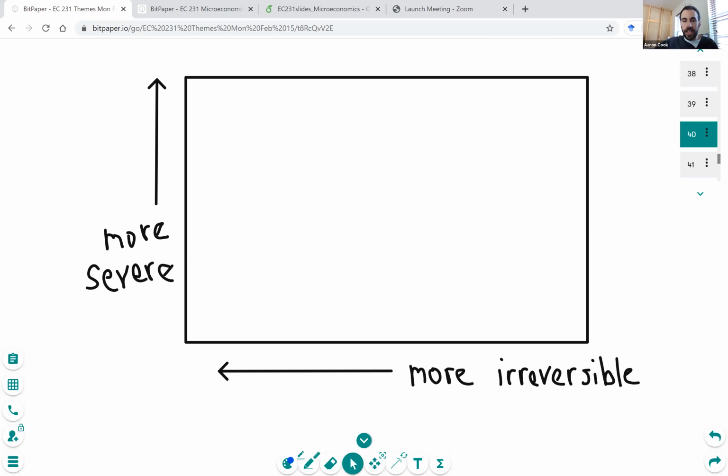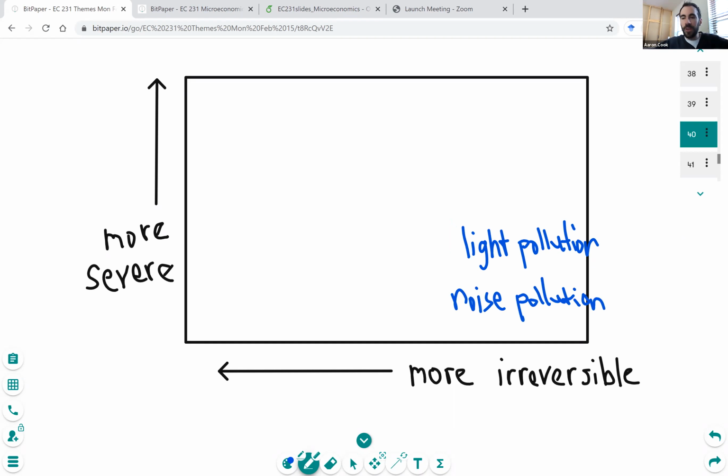So in terms of things that are on the lower right-hand area of this graph, things that are not very severe and also very reversible, those could be things like light pollution or noise pollution. Those kinds of pollution you're able to reverse very quickly. So the noise pollution ends as soon as the noisy activity stops.